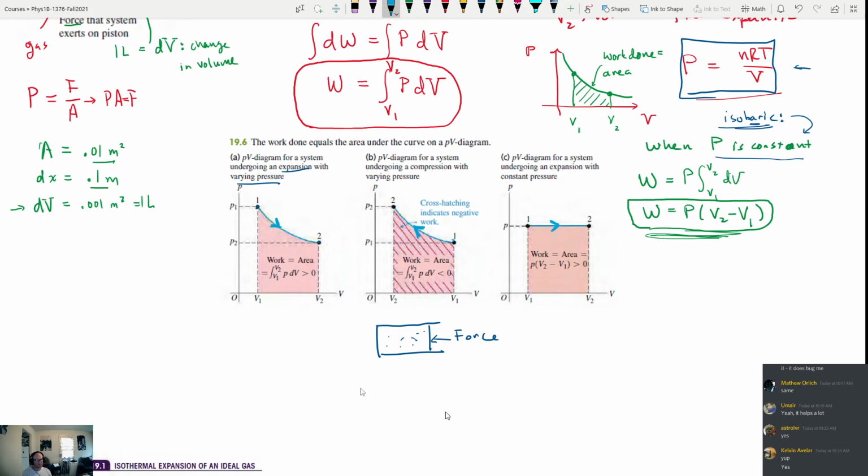Area can be negative in one of two ways. One way that area can be negative is when you do an integral and you're moving from right to left instead of left to right, right? From a high value of V1 to a low value of V2. Or, what's the other way you can get negative work? Or negative area, sorry. What's the other way you can get negative area?